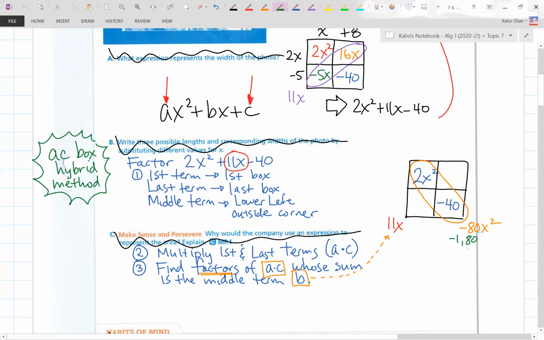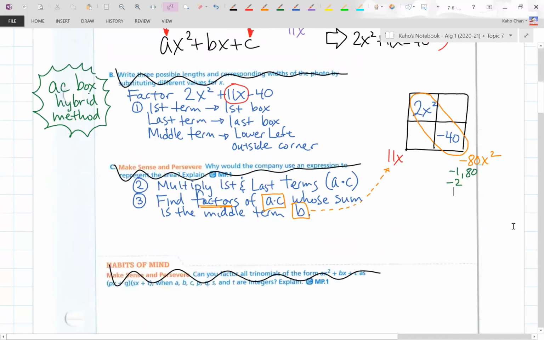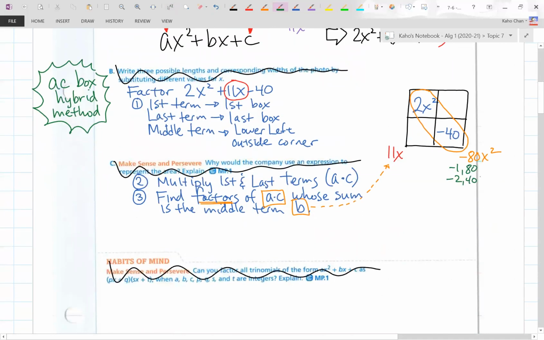Negative 2 is next. So you can do mental math here, slowly going down the list of possibilities of getting negative 80. 40. Nope. Negative 2 plus 40 is not 11. Negative 4 and 20. Oh, that's very close. Negative 5 goes into 80, doesn't it? That's a hard one that we missed. 16?